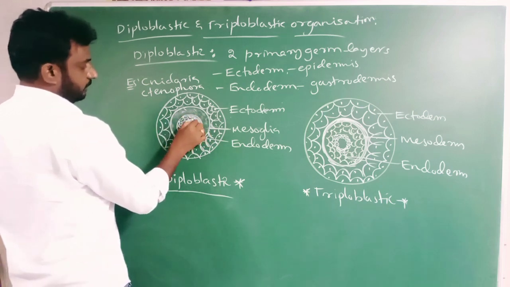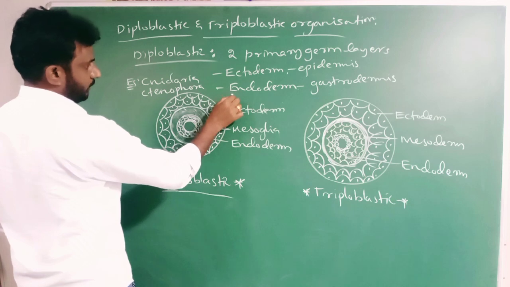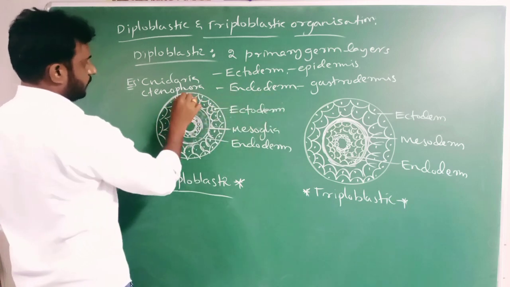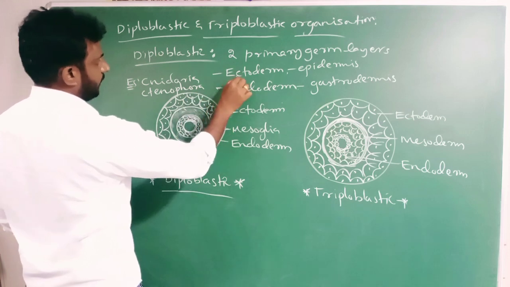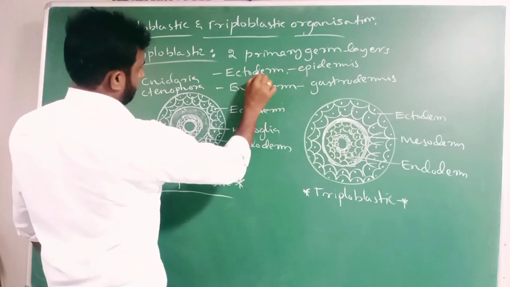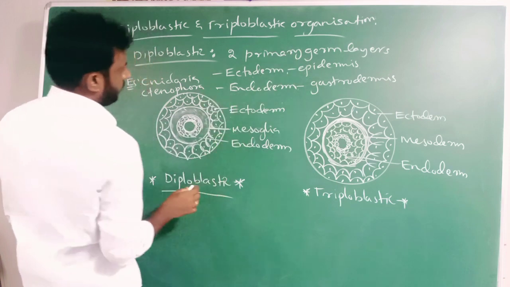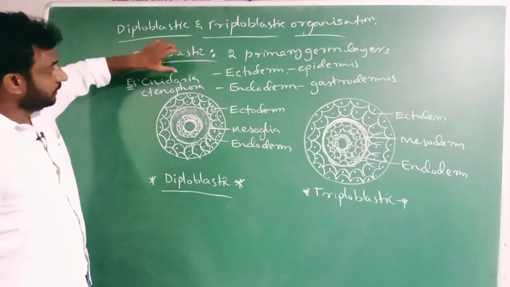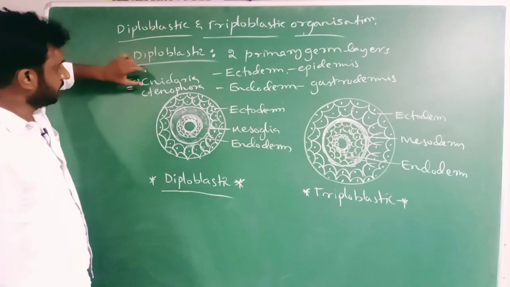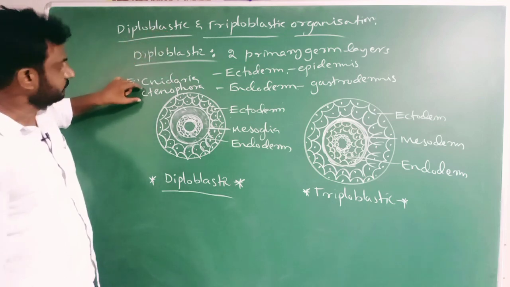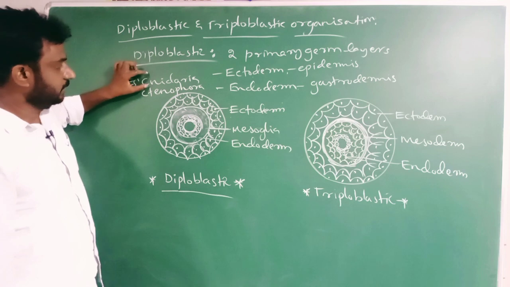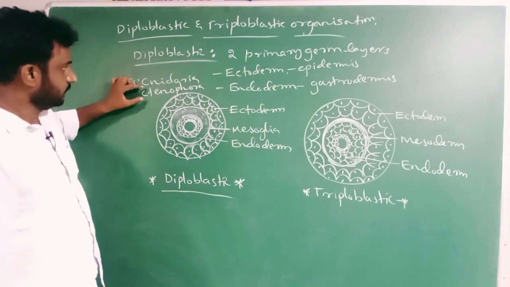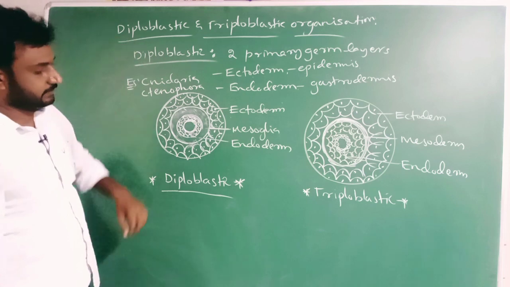The outer surface of the body is covered with one layer of cells called epidermis. Ectoderm gives rise to epidermis, endoderm gives rise to gastrodermis in the diploblastic level, which is seen in the Cnidaria and Ctenophora. Cnidarians are hydra and jellyfishes, Ctenophores are comb jellies.